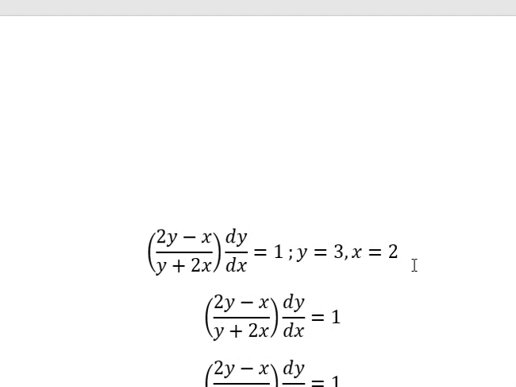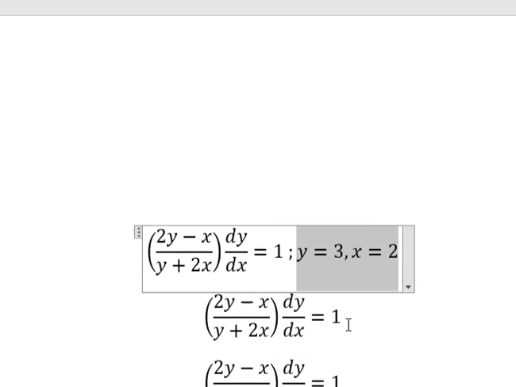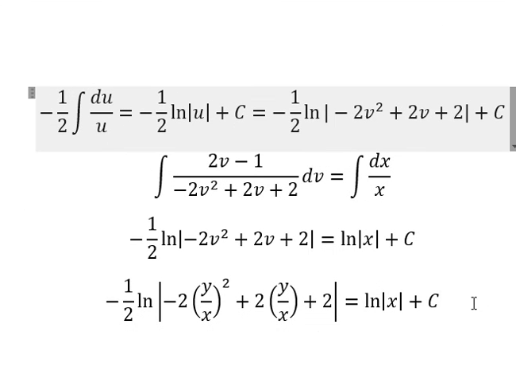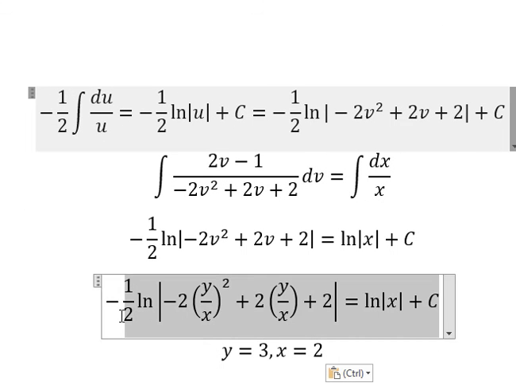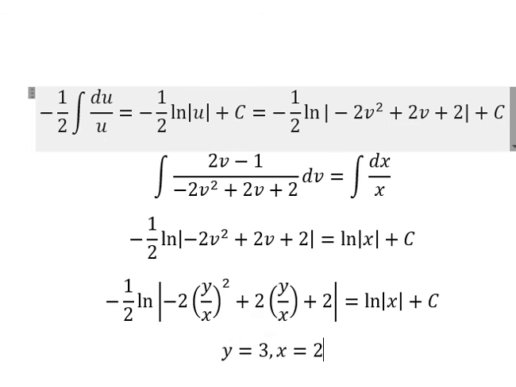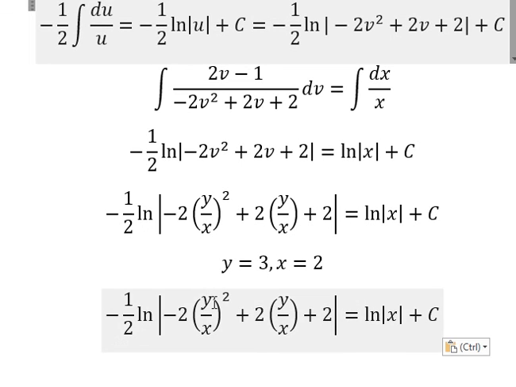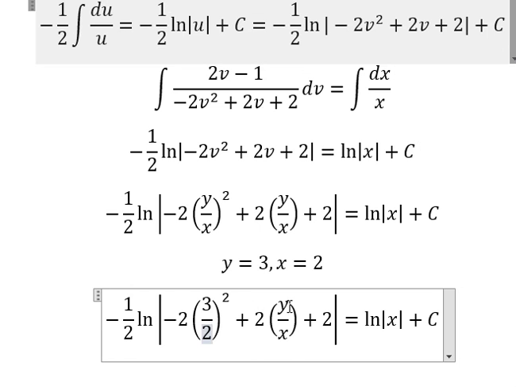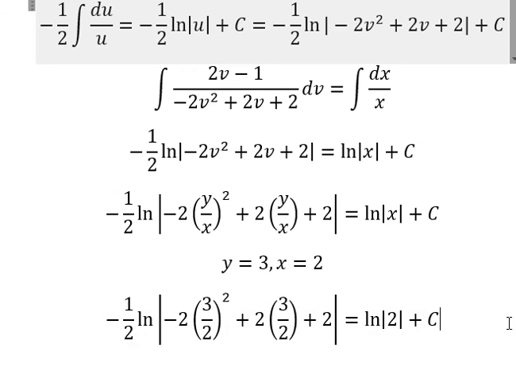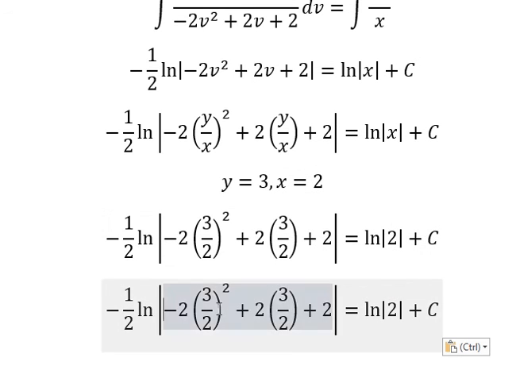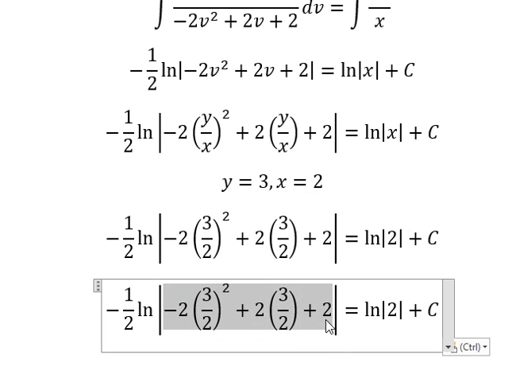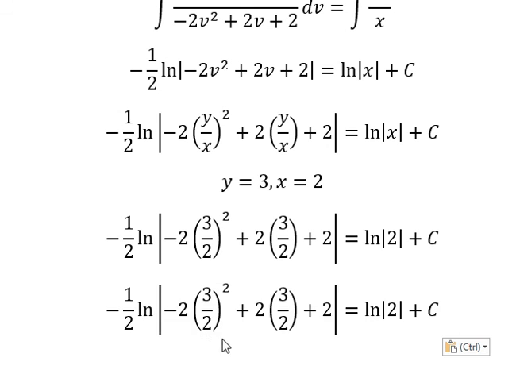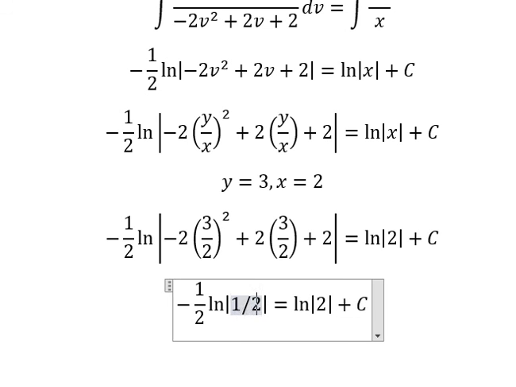Now we have the condition. So we put y equals number 3, x equals number 2 here. Now we need to simplify this one. And we have 1 over 2.